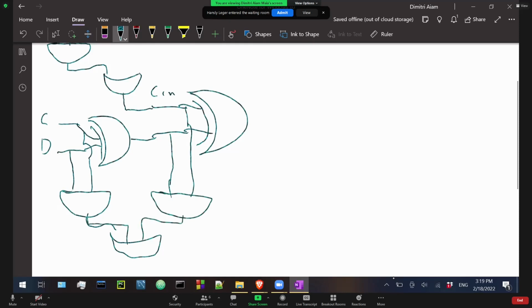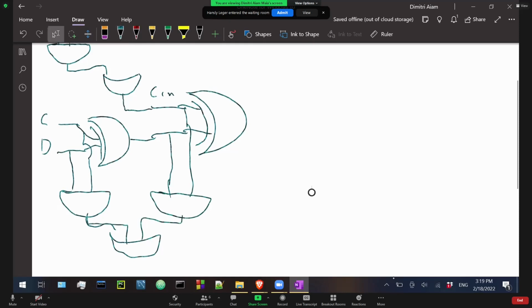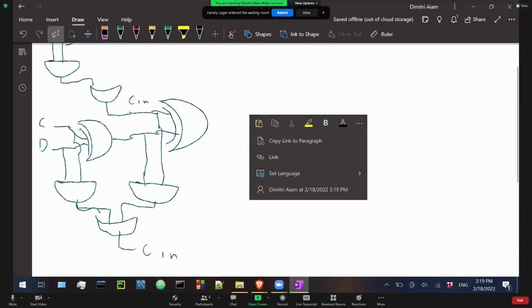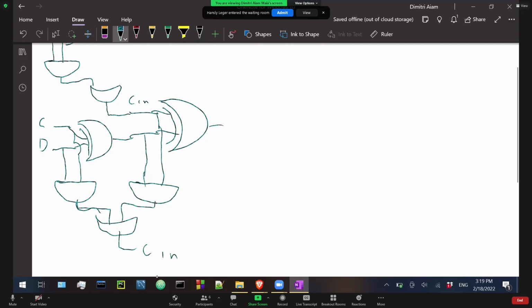Oh, and this is where we get to connecting and everything. Yep. The carry out of the previous is going to be the carry in of the next, and the carry in of the first is always going to be 0. Does it make sense? Yeah. And that final output of the XORs is going to be the sum on the top right.